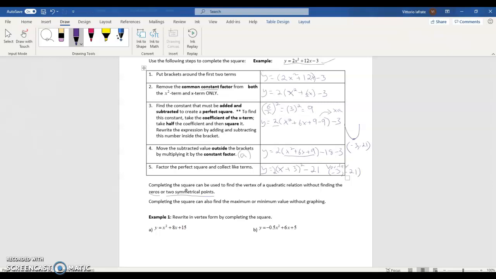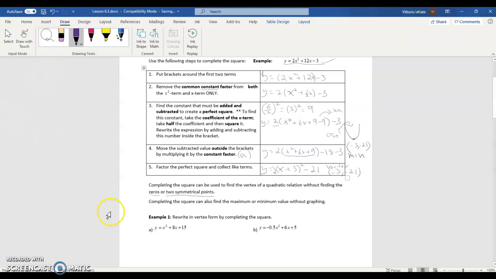Again, remember that now we're able to see if we have minimum values directly. If you know your a is positive, this means the parabola opens from the top, which means our vertex is here, so that must be the lowest point, so it's a minimum value, as opposed to a maximum value.